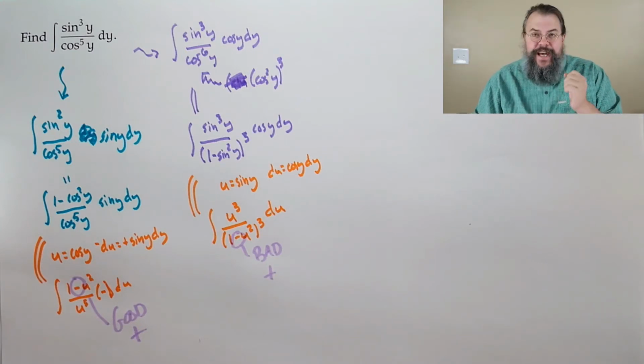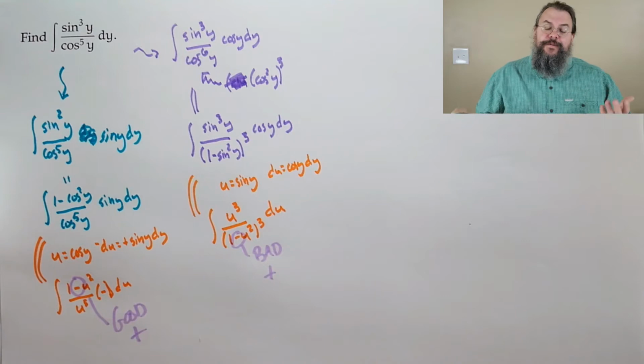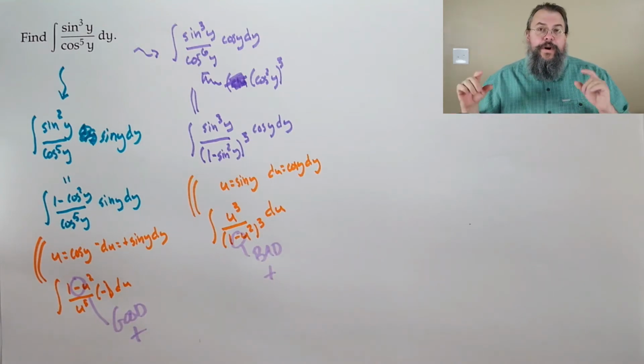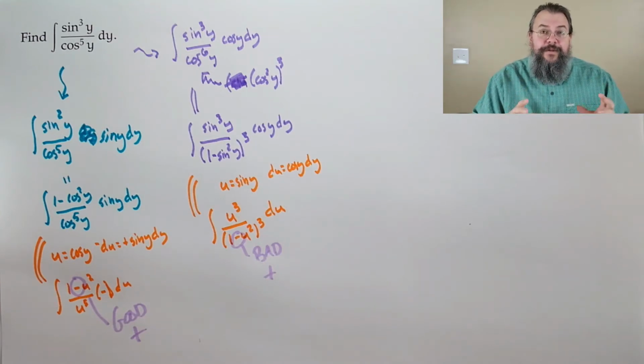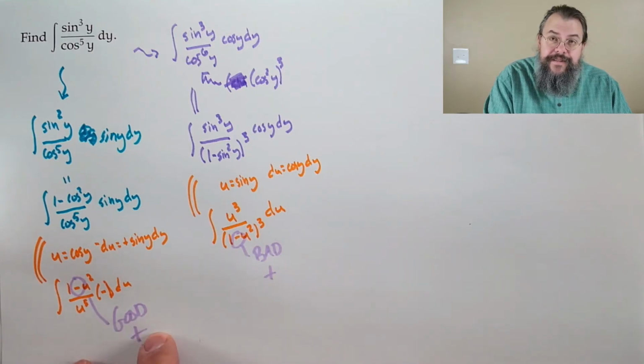Overcoming that bad addition is not very easy, so we're not going to attempt it. Instead, we're going to pick the one where the addition is easier to work with, the good case.